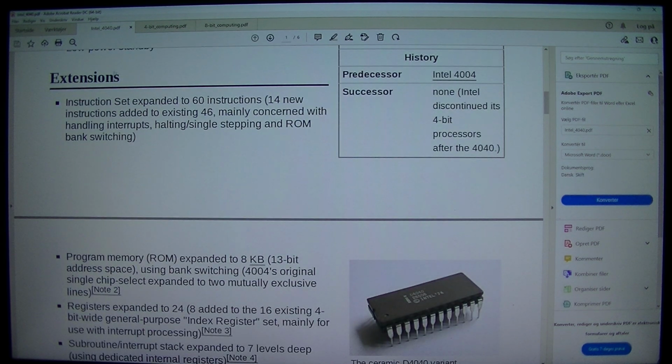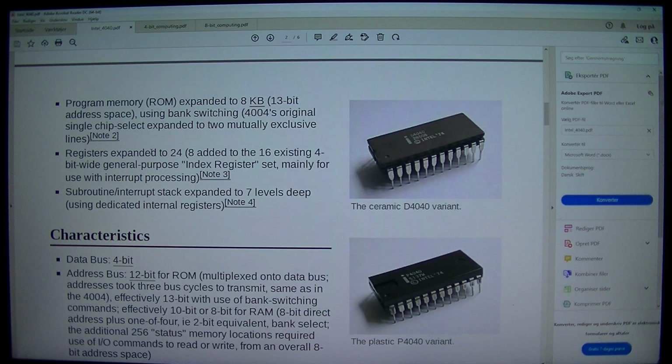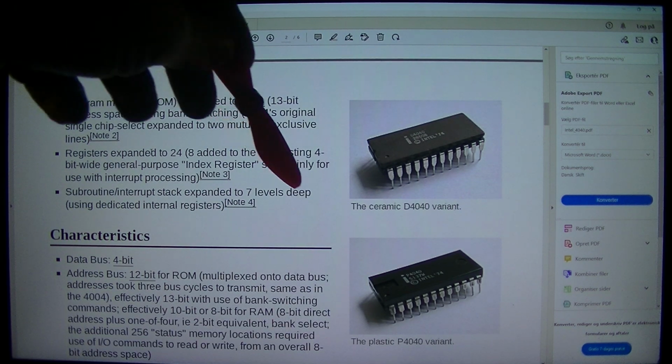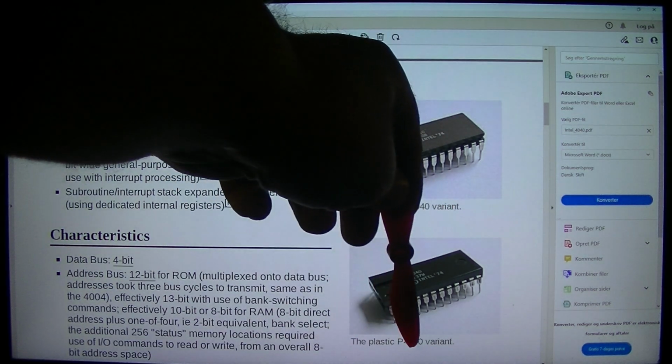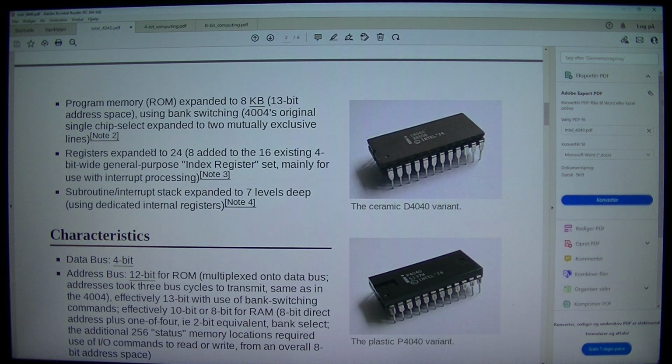Extensions: instruction set expanded to 60 instructions, 14 new instructions added to the existing 46, mainly concerned with handling interrupts, halting/single stepping and ROM bank switching. The ceramic D4040 variant. The plastic P4040 variant.